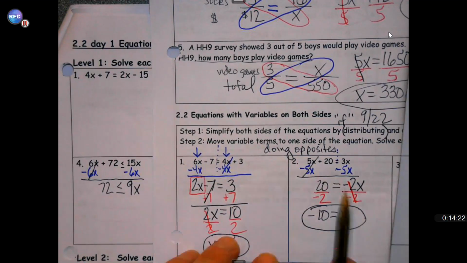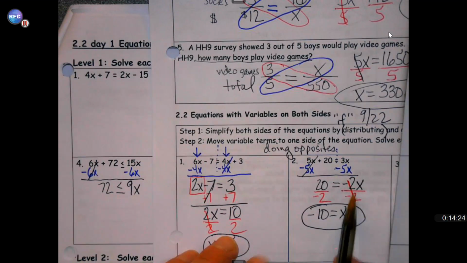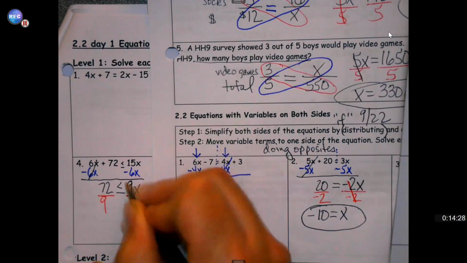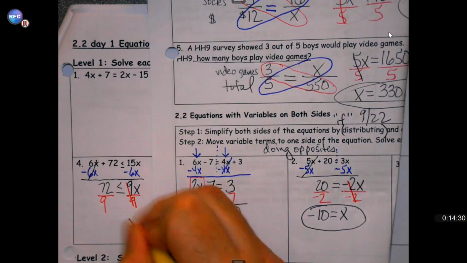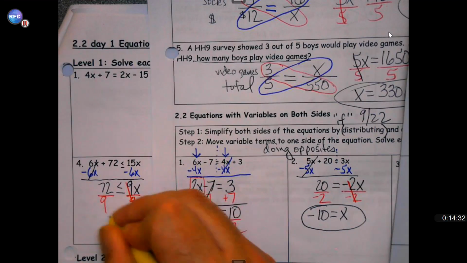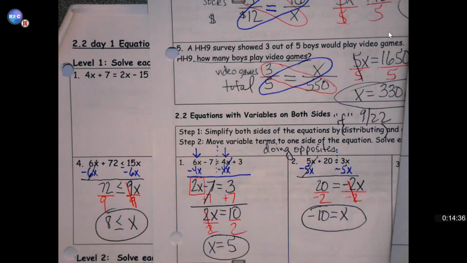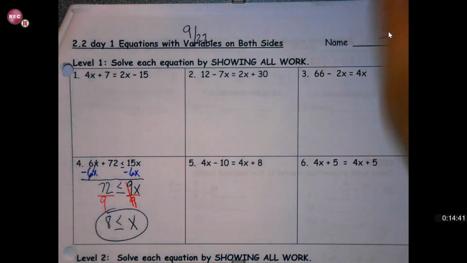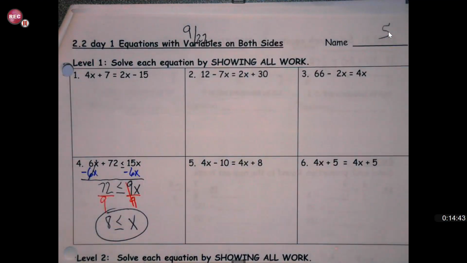And just like we did over here, we're just dividing by the number that's with x, that we're multiplying it by. So exact same process. It's just an arrow in the middle instead. Don't let that freak you out. The rest of them, we've got values to continue to keep looking at.